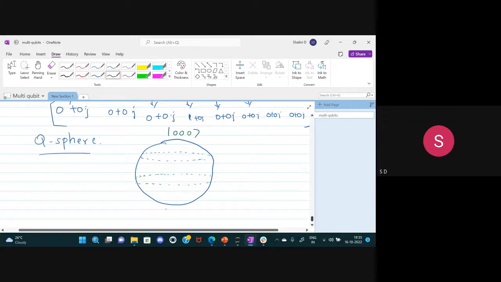You won't find this anywhere. I don't know whether you will find this in Qiskit or not, but I'm writing it: 0 1 1, 1 1 0, 1 0 0, 0 0 1. Here in this part you have 100. No, not 100. Sorry, it should be 0 1 0.